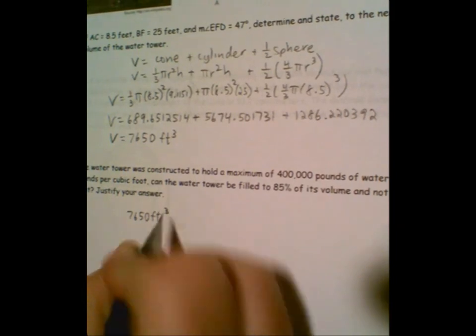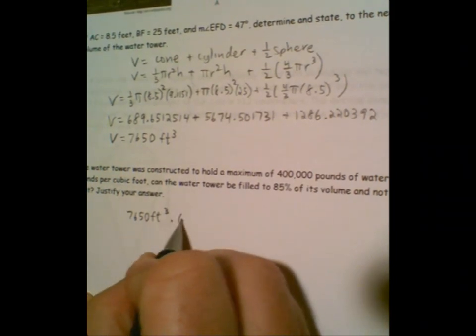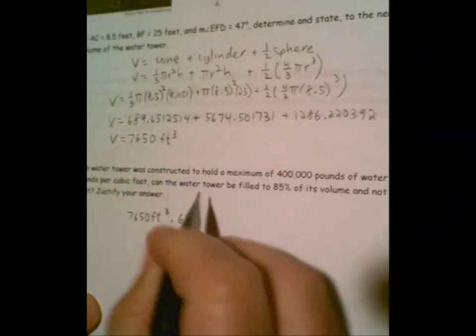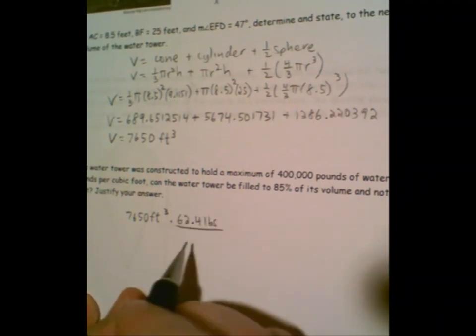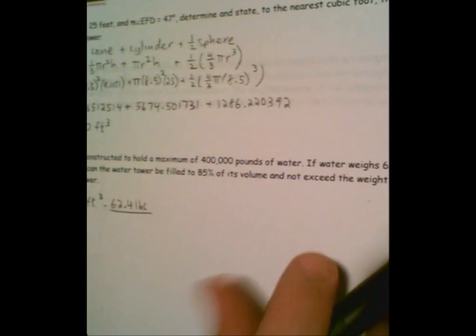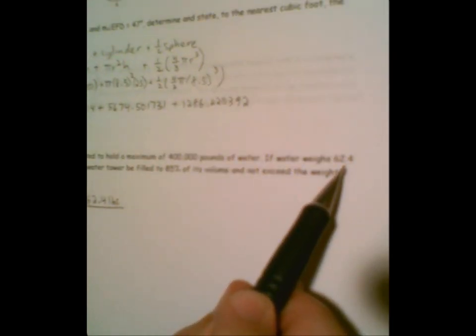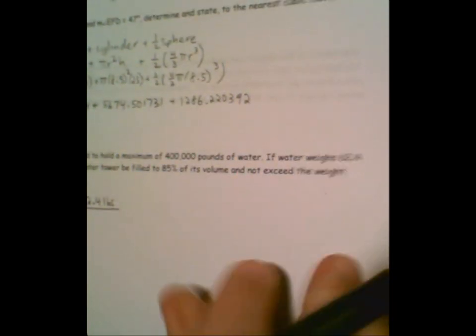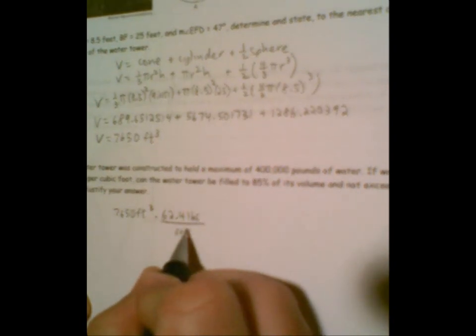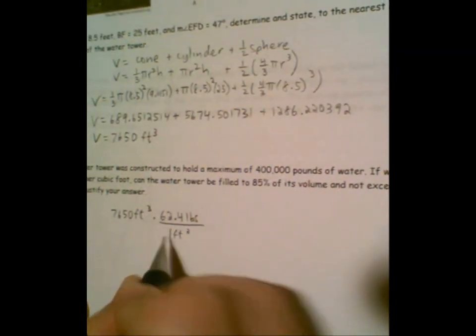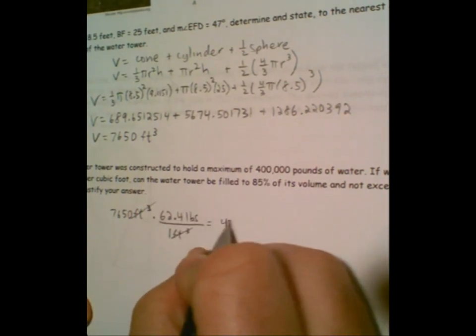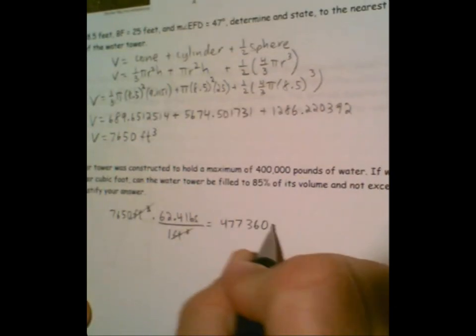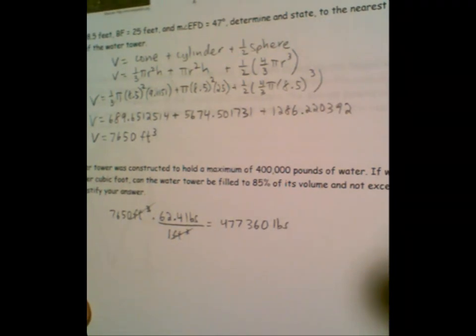So we have 7,650 cubic feet from earlier. We multiply that by 62.4 pounds per cubic foot, which came from the question over here, right? Okay, the cubic feet cancel out, and you end up with 477,360 pounds.